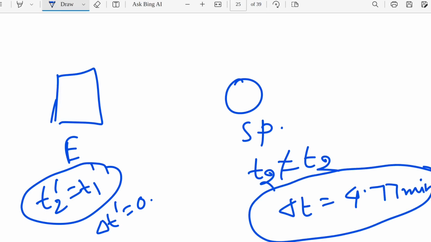So that means due to relativity, our two events are not simultaneous according to the spaceship frame of reference, but they are simultaneous in the Earth's frame of reference. So this is the case.